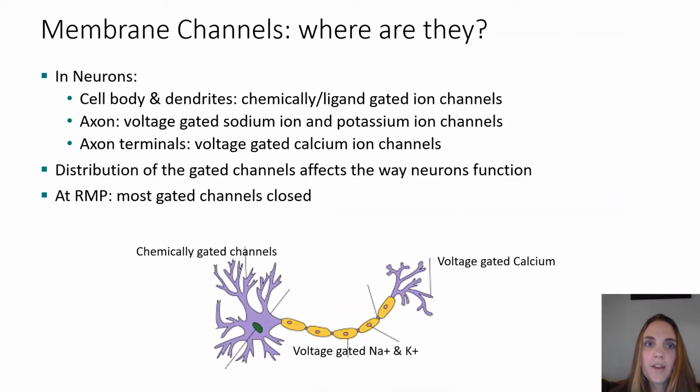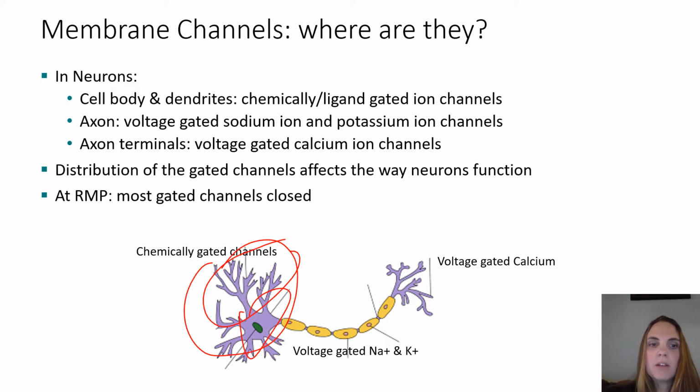So where do we find these channels on the neuron? In our neurons, the chemically gated ion channels, or ligand gated, you can call them either, are located on the cell body and dendrites. So remember, our cell body, our dendrites. This makes sense if you think about it, because if the cell is receiving a signal from another neuron, that neuron is going to communicate with this end.